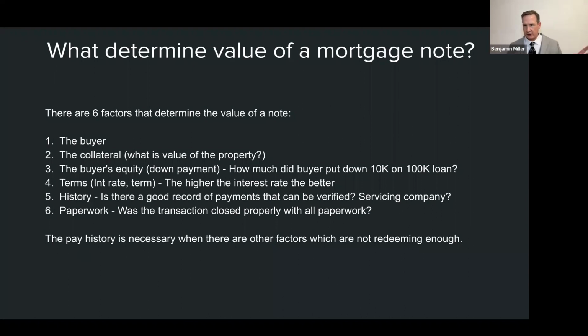The second thing that determines the value is the collateral. The collateral means the actual asset. So let's say that the property is worth $100,000. Say that's the market value, that's the real value, $100,000. But say you had a seller that sold the property with a note for $200,000.